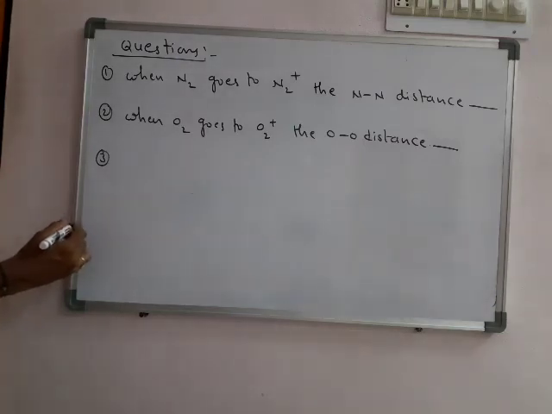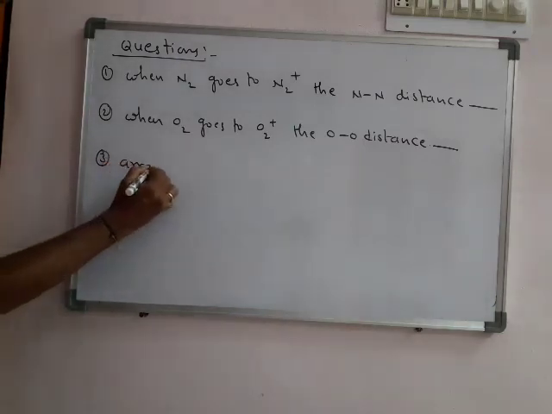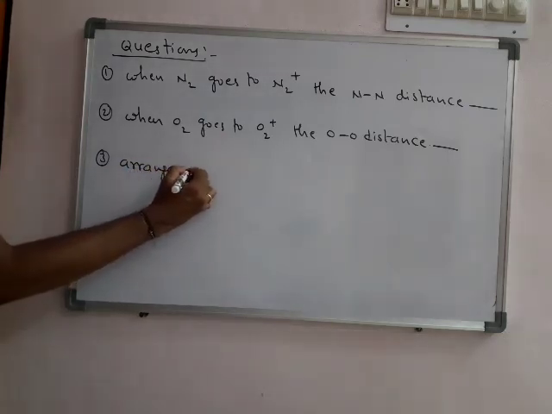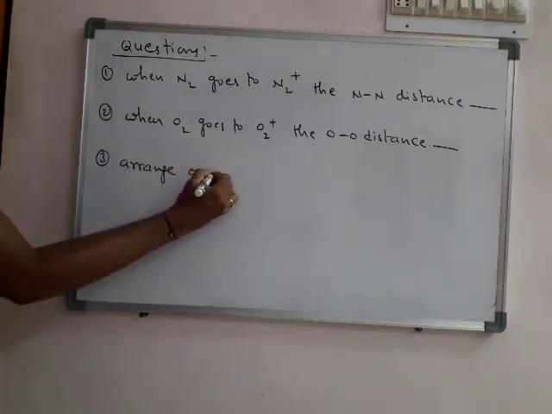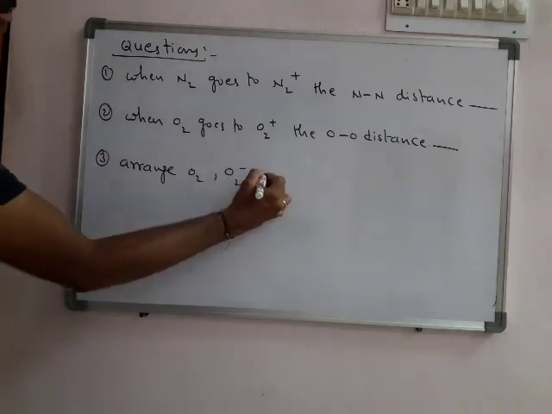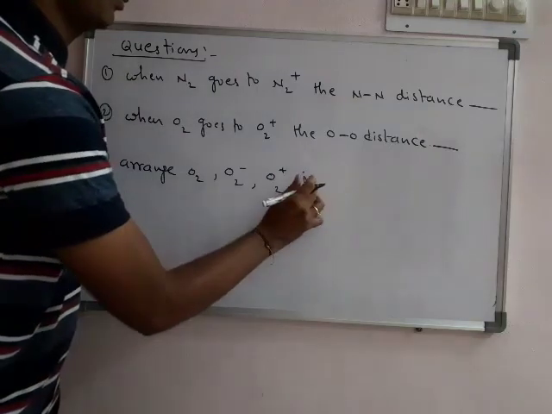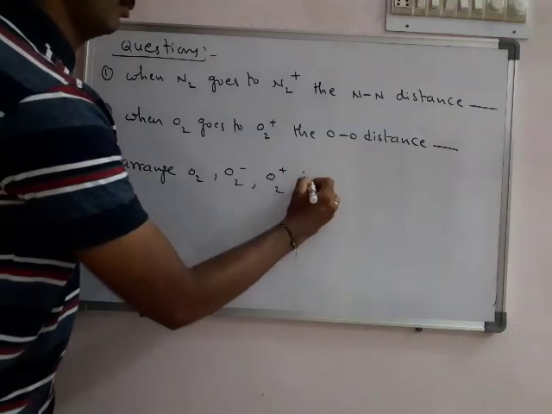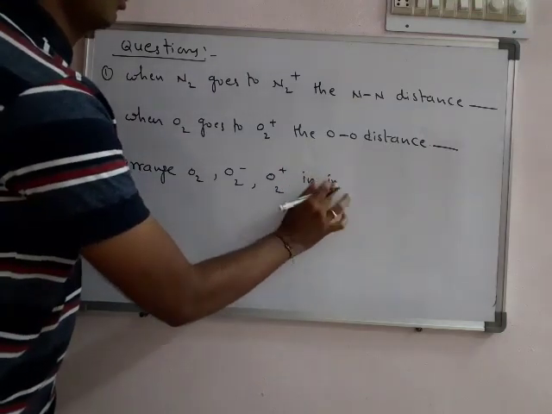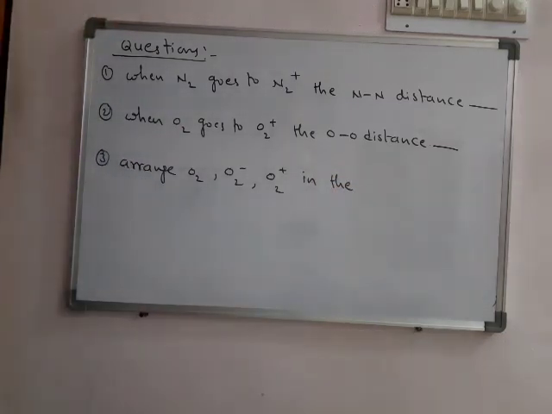Next, arrange O2 minus and O2 plus in the increasing order of their bond length.